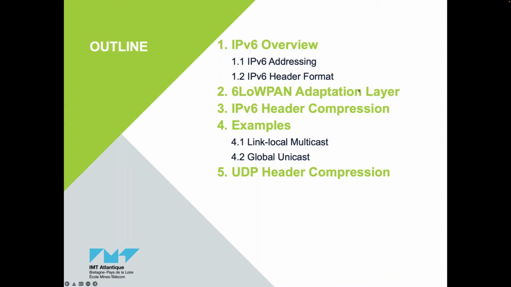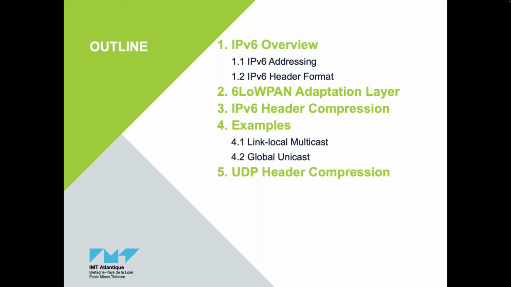Then in the second section, we will have a quick overview of the 6LoWPAN adaptation layer. Then in the third part of this presentation, we are going to see in detail the IPv6 header compression mechanism, field by field, bit by bit.